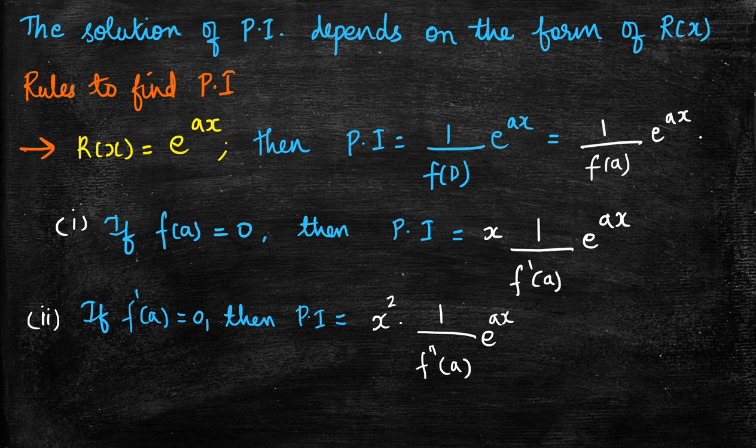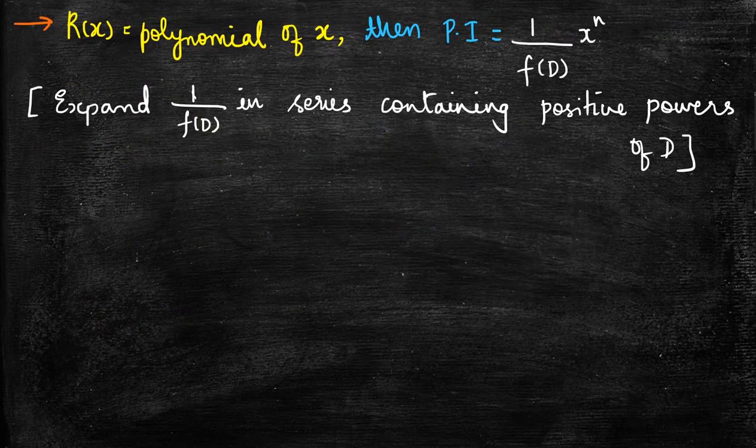But if in some question you get f prime of a to be 0 again, then it is simple, multiply again by x. It will give you x squared, then differentiate the d function twice, and again substitute your a. So this is the simple process to find PI if your r of x is an exponential function.